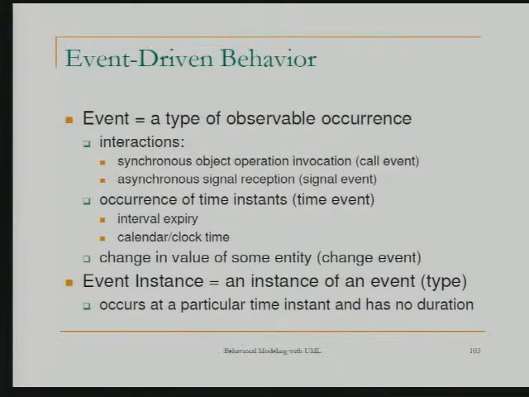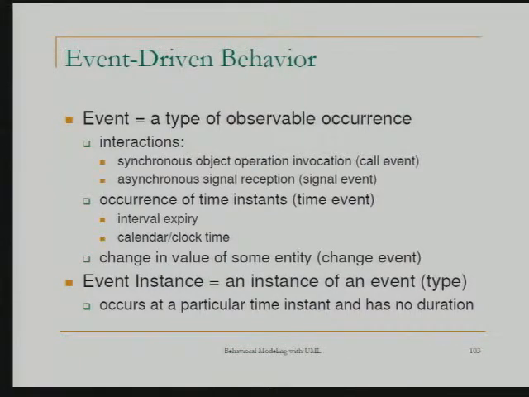Dropping a coin into a Coke machine, clicking on an icon. These are events. So they're interactions. They can be synchronous object invocations like a call event, or an asynchronous signal reception like a signaling event. Something provides a signal when some asynchronous event happens.